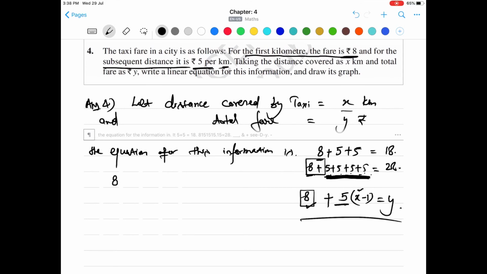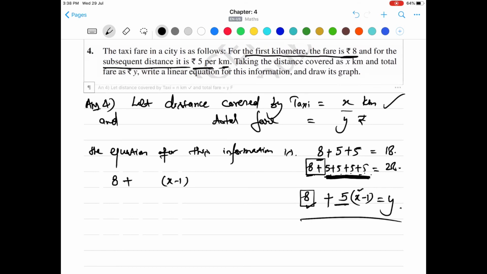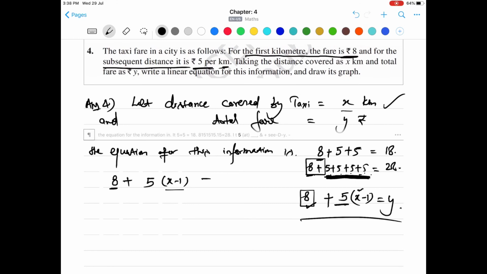For the first kilometer he has paid 8 rupees, and for the subsequent, that means the remaining kilometers, it is x minus 1. Since the total distance covered we have taken as x kilometers, this will be x minus 1 because the first kilometer we have already taken out. For the remaining kilometers he will pay at the rate of 5 rupees, and this should be equal to the total fare paid by him, which is y.